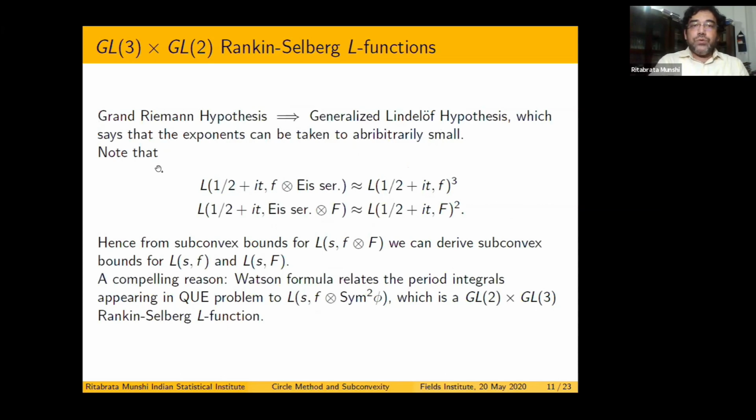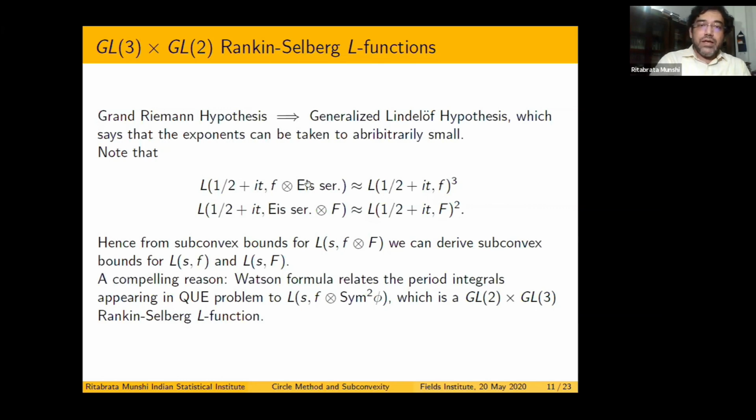But also a good thing about this L function is the following. If I replace the capital F by, say, the minimal parabolic Eisenstein series, then this L function is almost like the cube of the GL2 L function. And if I replace the GL2 form by an Eisenstein series, then this is like the square of the GL2 form.